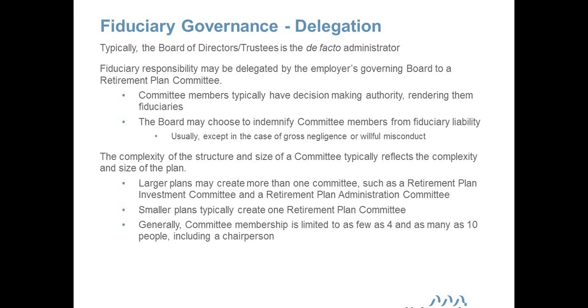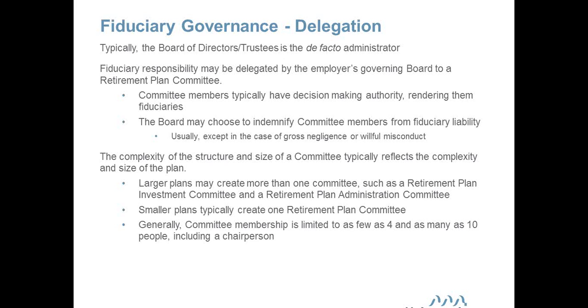So if you take a plan, whether it's a corporate plan or an education institution plan, there's typically a board of directors, or in the education setting, a board of trustees, who are the quote-unquote de facto administrator. Generally, the plan administrator, unless it's named in the document otherwise, the employer is going to be the administrator. But if the employer is a company, somebody has to be in charge of this area, and it's usually the board of directors.